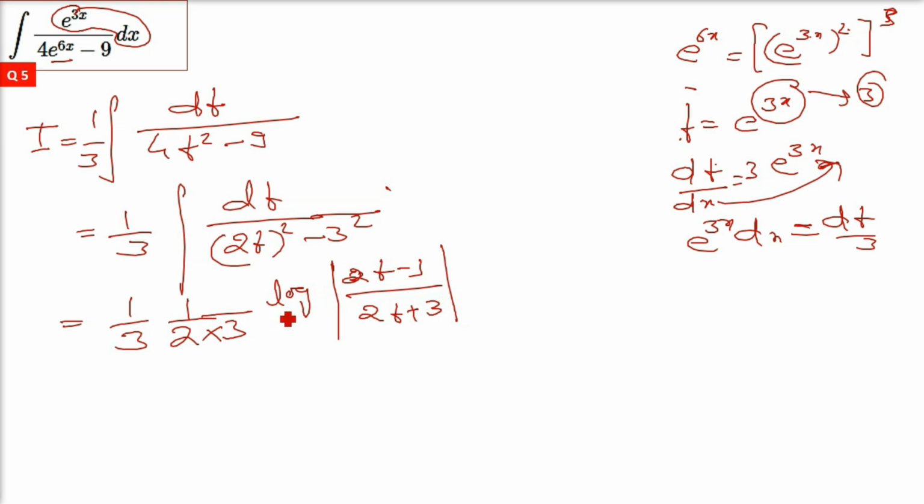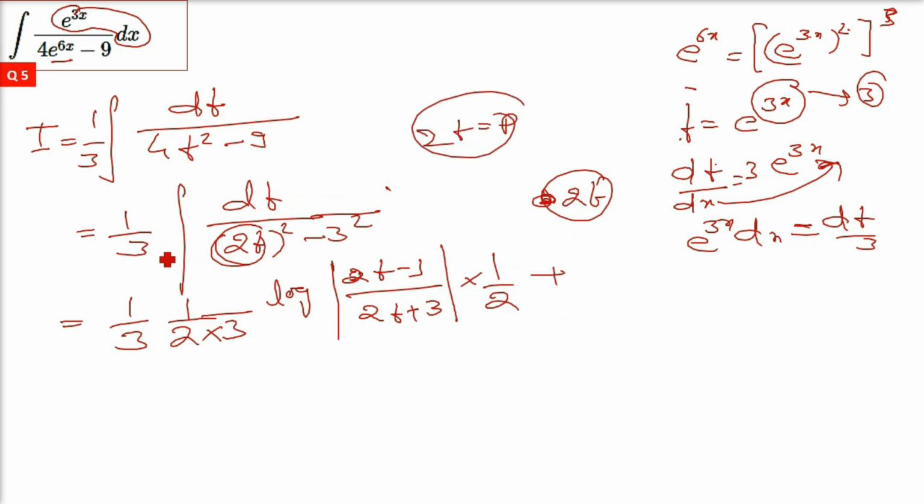Now we'll not stop here because we are dealing with 2t. So 2t minus 3 will be differentiated. Please remember, hold this 2t minus 3 and 2 will come. That 2 has to be divided. If you would have taken 2t equals to p, this dp by 2 would have come. That is why 2 is there.